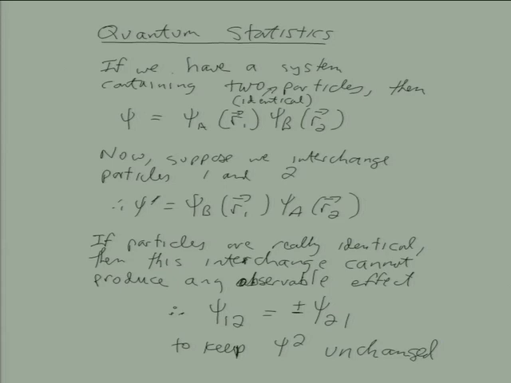I write down the wave function for particle A, and I say that's psi of A, and I say that the particle is located at position R1, and then the other particle. So I interchange them.